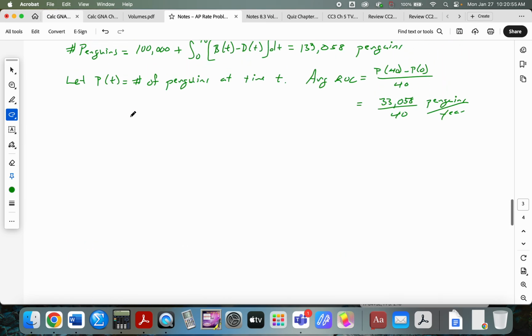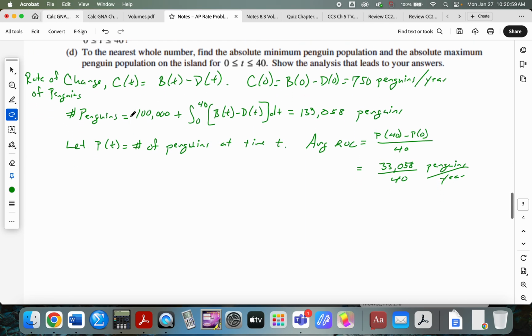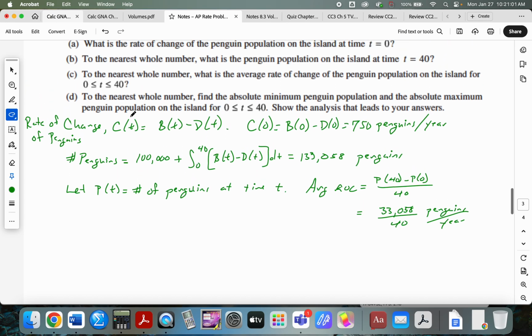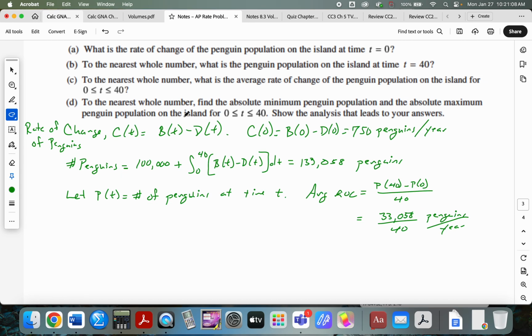All right. And then part D, to the nearest whole number, find the absolute minimum penguin population and the absolute maximum penguin population on the island between 0 and 40. Show the analysis that leads to your answers. Okay, very similar to the last one. We know the population at time 0. We know the population at time 40. They've already asked us those. They don't always ask for both of those, so sometimes you have to find one of them.